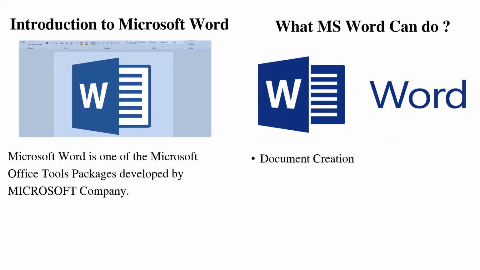We have a lot of different documents that we can create with Microsoft Word, such as project documents, books, letters, memos. We can do a lot of documents with Microsoft Word. So document creation is one thing.